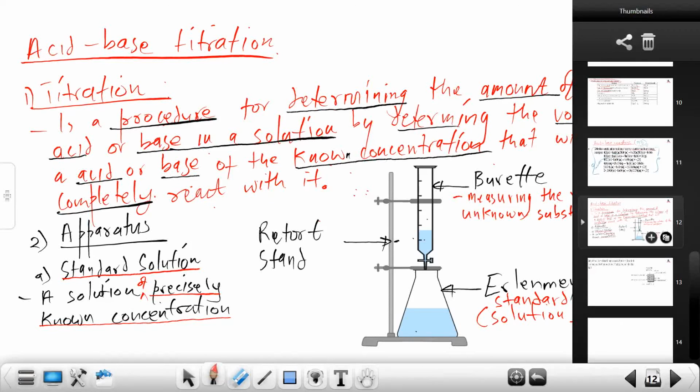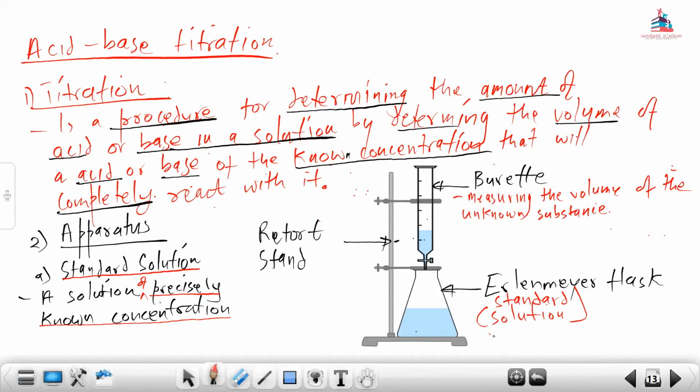If we only have this, it means I will forever be putting more of the unknown solution, more of the unknown solution, more of the unknown solution. So it's not going to assist me anyhow, and I'm not going to be in a position of measuring or knowing how much of the burette do I need or the unknown solution.